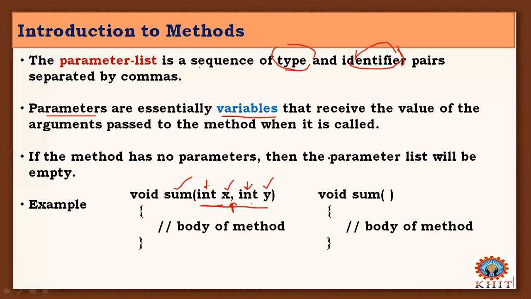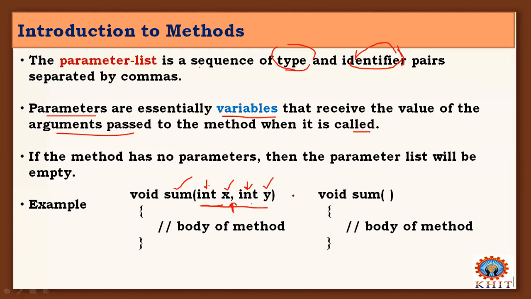Here these parameters represent variables of the method that receive the value of the arguments passed to a method when it is called.